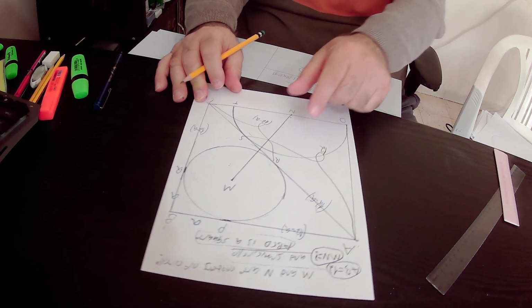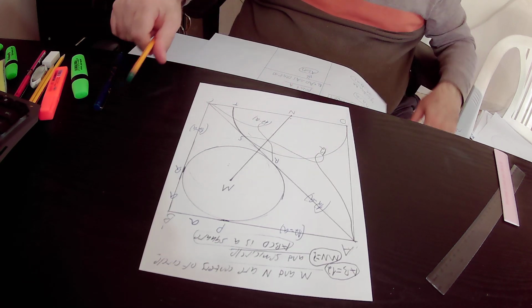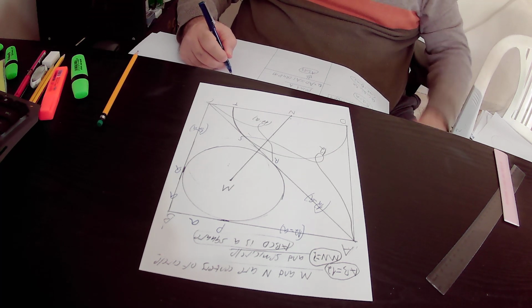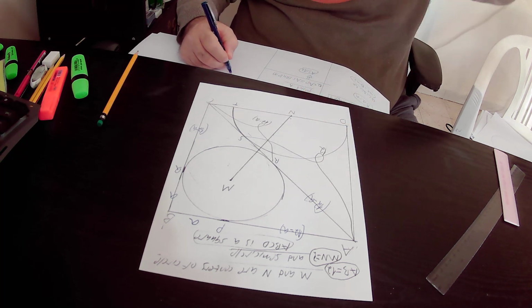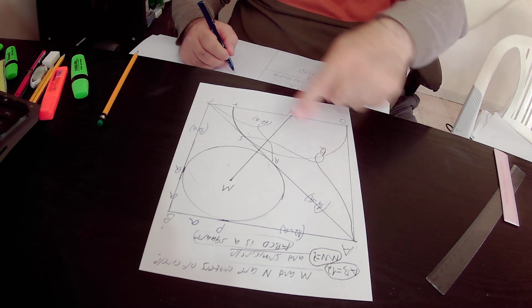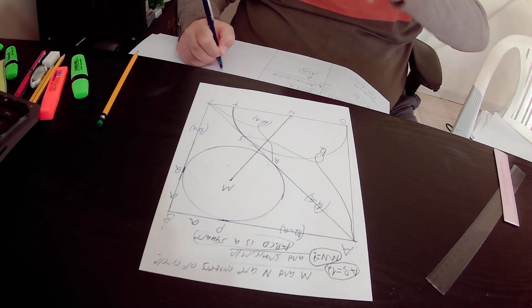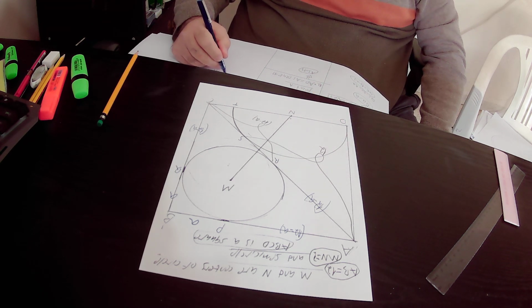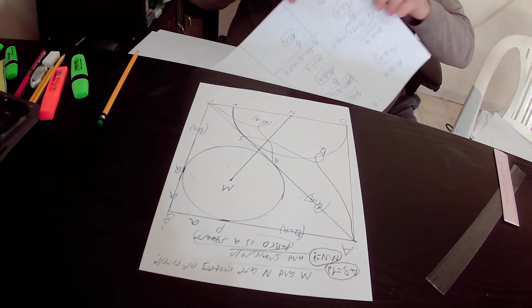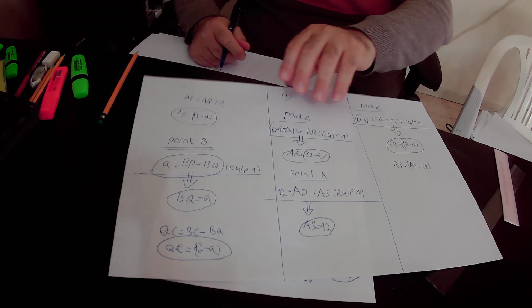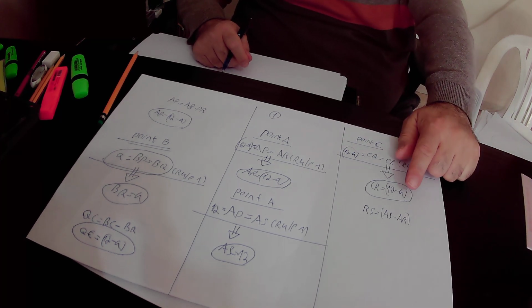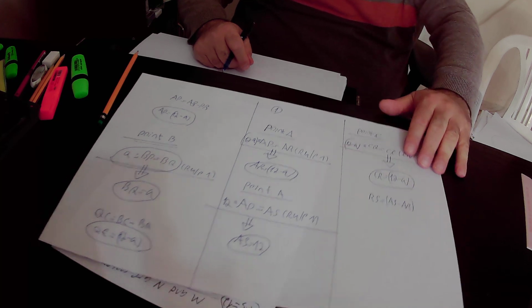And what is the length of RS? It is very easy to see from the drawing that the length of line segment RS is equal to AS minus AR.